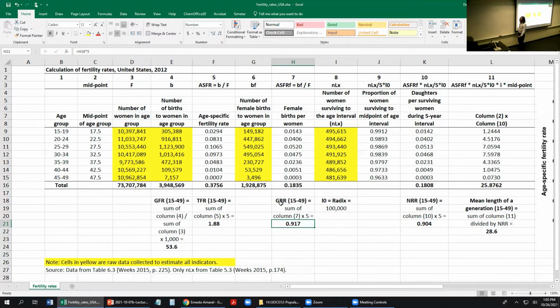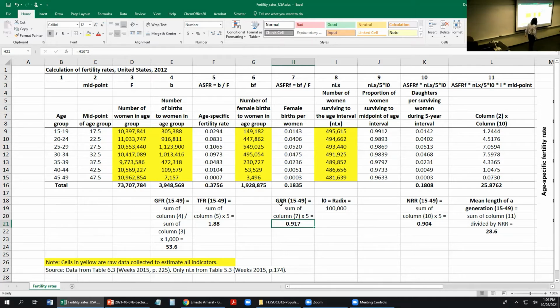So we would expect, if we expose a group of women to these age-specific fertility rates that already take into account only female births and mortality of the mothers, that each mother would produce 0.9 daughters, right? So this is the net reproduction rate.